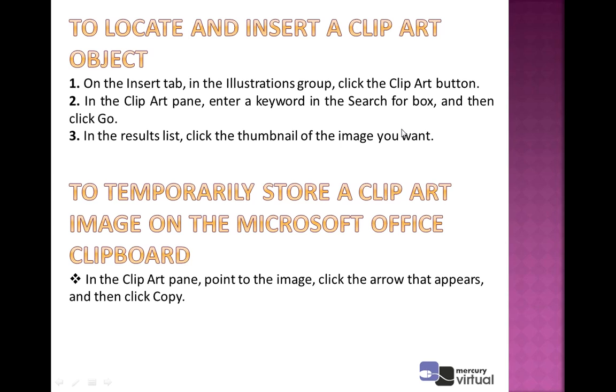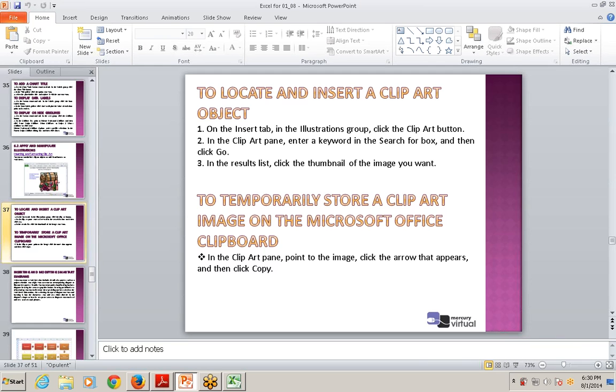We can search for a flower, a computer, a book, means we can search anything and simply press go, then automatically the clip art for the name I gave in the box appears. Then in the result list, click the thumbnail of the image you want. So these are the three steps for how to locate and insert a clip art. Now let's see.